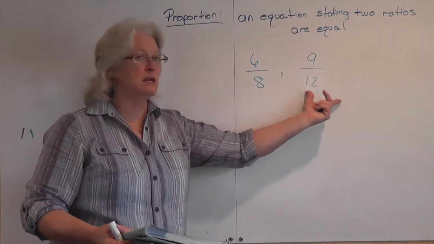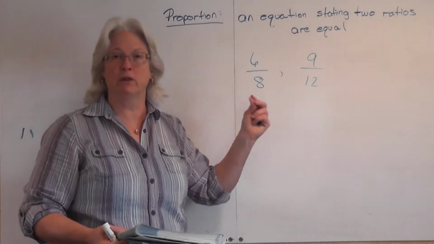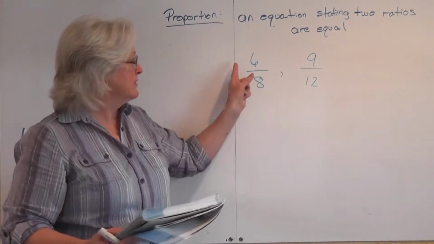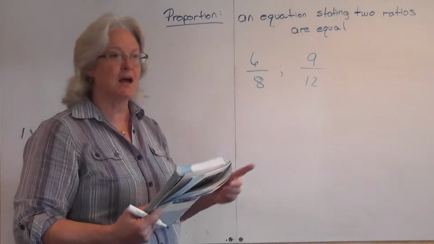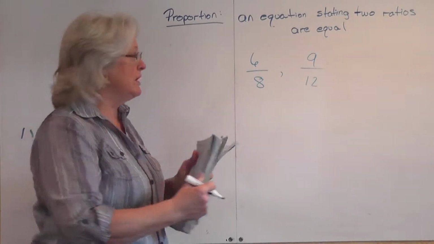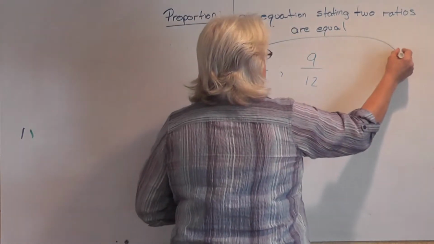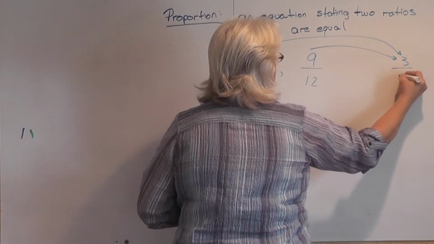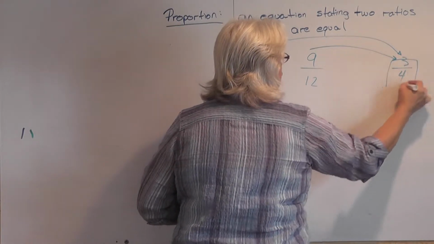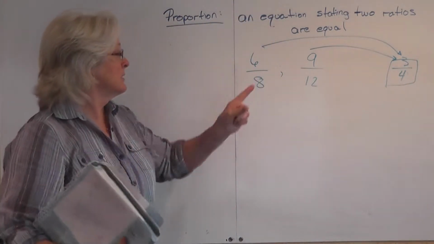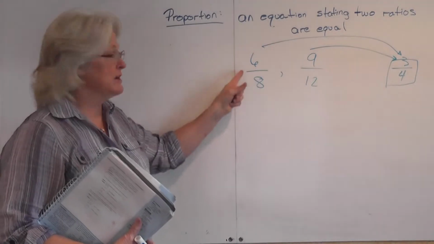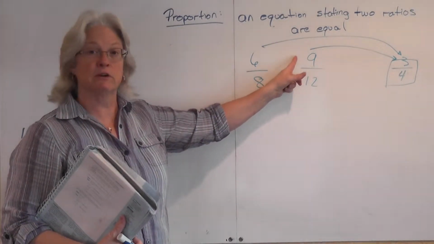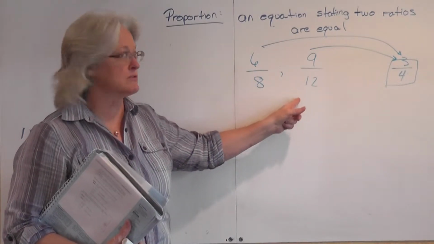But we're going to see that the relationship between the number of boys and the number of girls is the same, because both 6/8 and 9/12 can be expressed as a fraction in lowest terms of 3/4, correct? 6 divided by 2 is 3, 8 divided by 2 is 4. 9 divided by 3 is 3, 12 divided by 3 is 4.